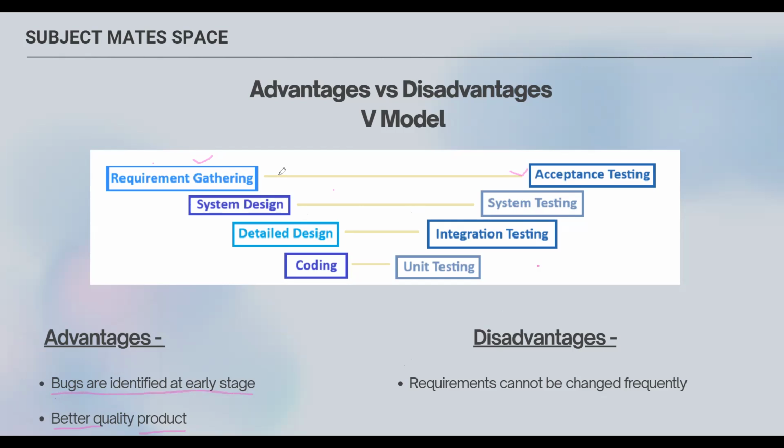This model is good for small projects, not for big ones. Great, so this was about the V model. Hope you understood what exactly the V model is and what its advantages and disadvantages are.